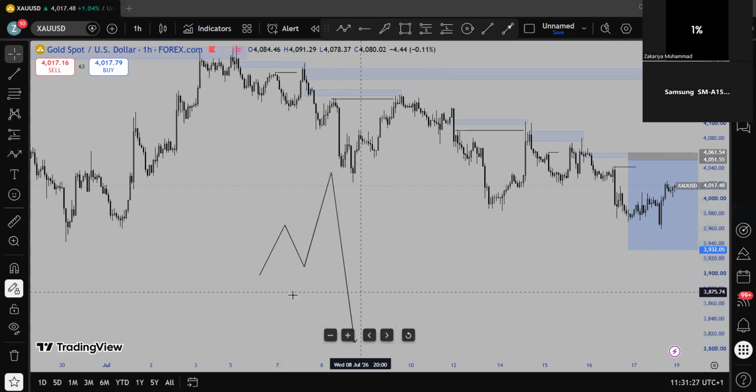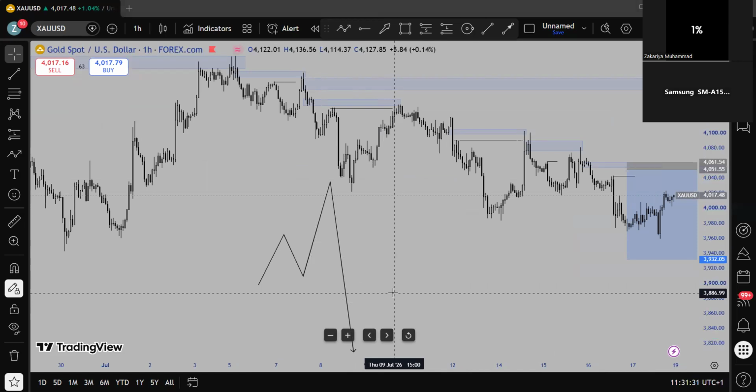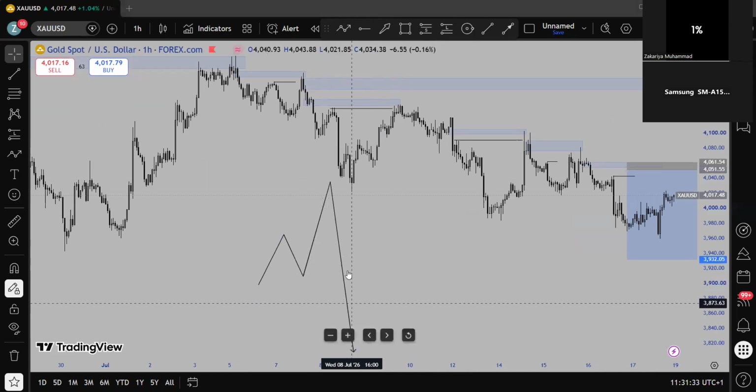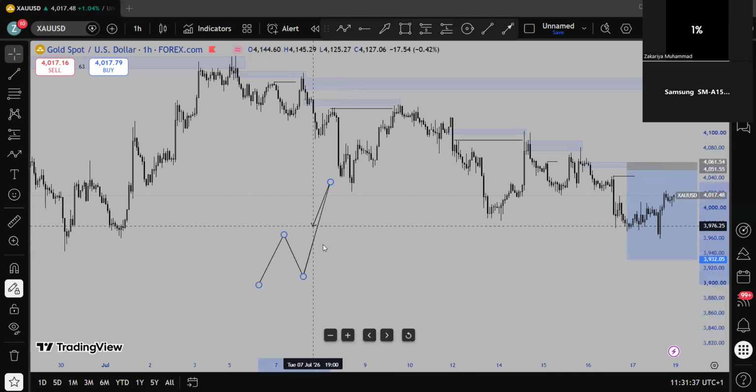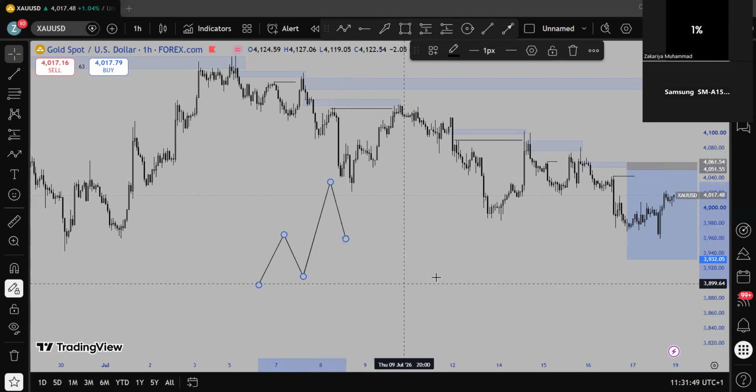Because if the market really wants to buy, it will show you a sign. So if the market wants to maintain this current bullish structure, it has to correct this impulsive move and tap into a demand zone. You're expecting the buys to come from a demand zone, not a liquidity void. That's what we talked about.